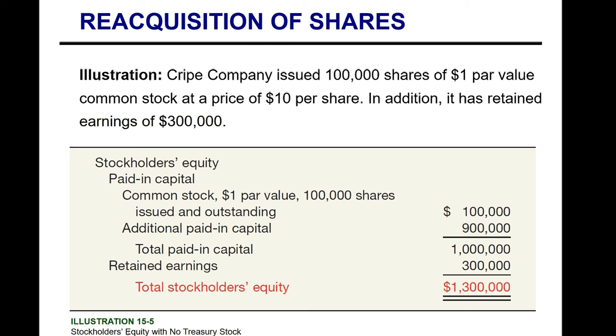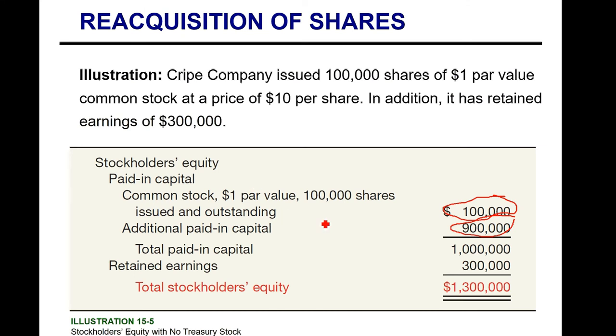So here's an example. Kripe Company issued 100,000 shares of $1 par value common stock at a price of $10 per share. In addition, it has retained earnings of $300,000. Okay, so right away we can tell that we issued the shares at 100,000, but we actually have some additional paid-in capital. So what it really did was it sold for $1 million.